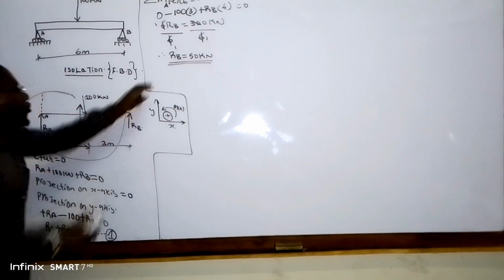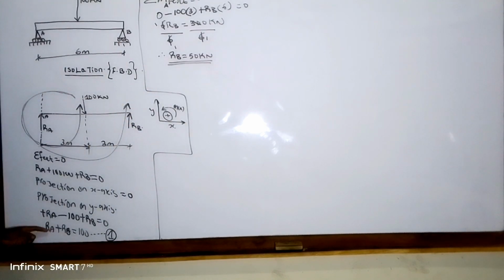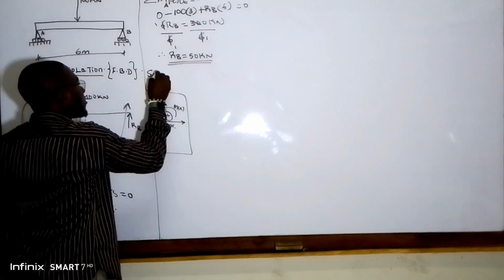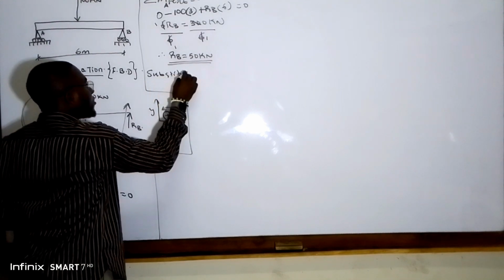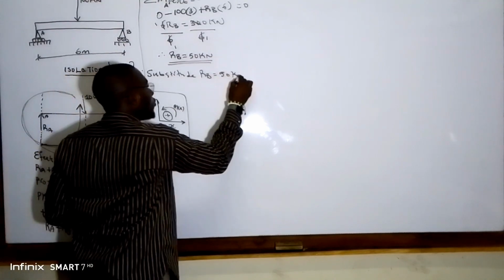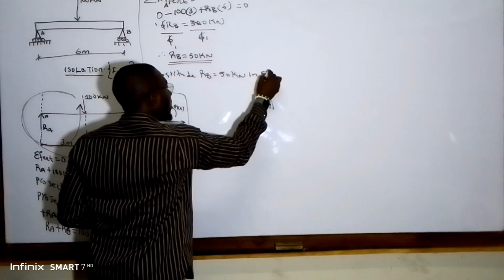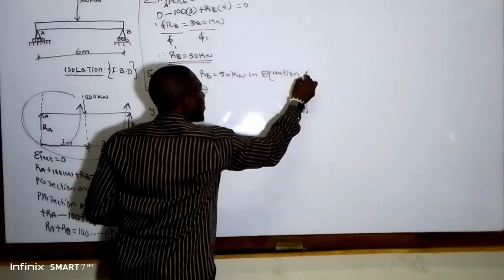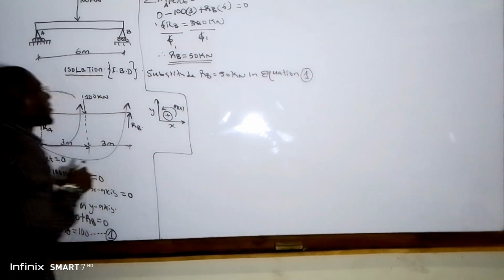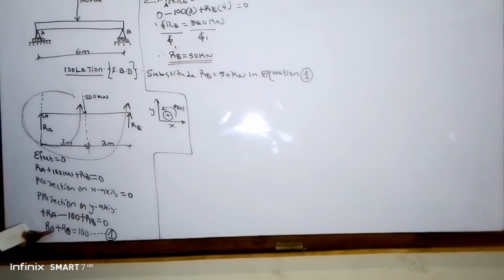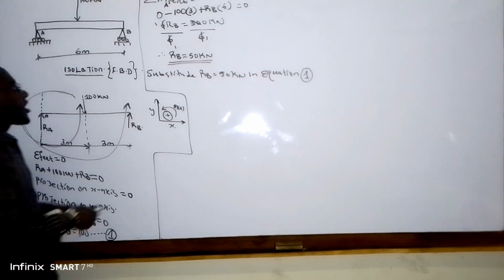Now, if we substitute this our RB in our equation 1, we are going to obtain our RA. Now let's make a statement. Substitute RB equals 50 kilonewton in equation 1. So we substitute this 50 kilonewton inside this equation to obtain our RA.